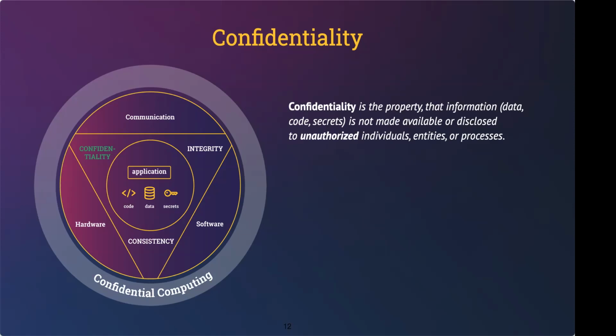So I might want to protect the confidentiality not only of my data, but also of my code. Say I have Python code that does some interesting machine learning, and I want to protect that code so that no competitor can actually copy my code. I also have secrets to encrypt that data, so I want to protect these, of course, because otherwise adversaries can decrypt my data.